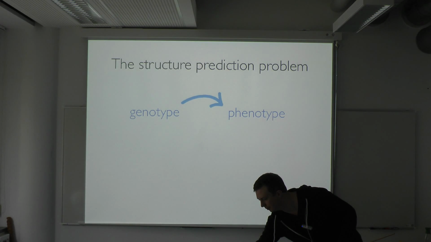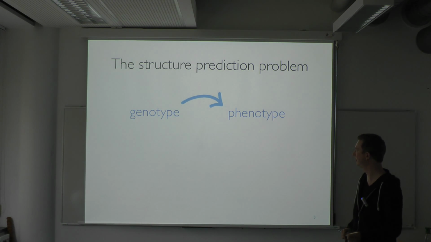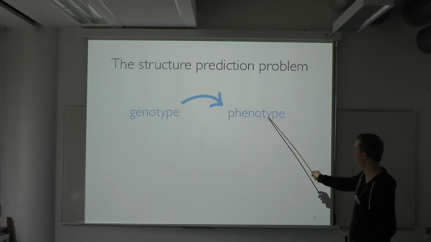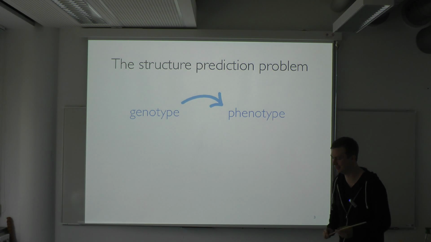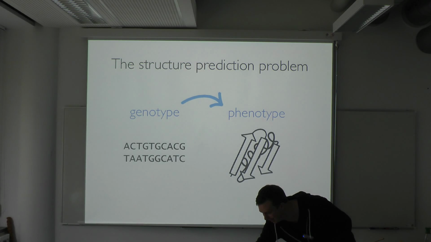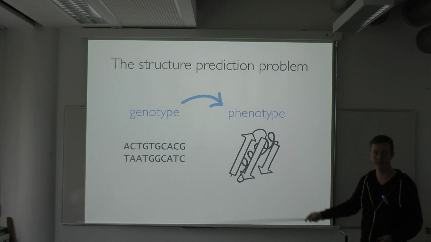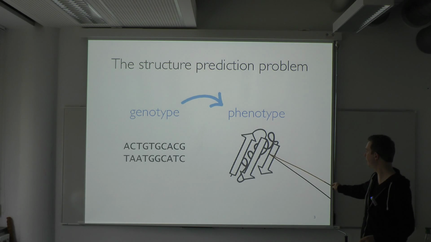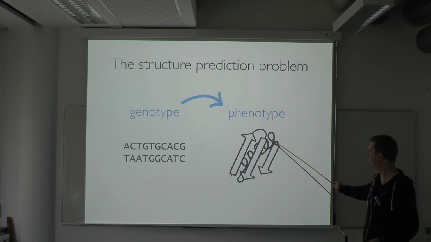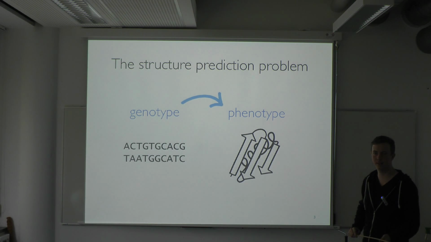So the very basic problem is to go from genotype to phenotype, which is basically all of biology, so it's terribly general. In this case, it's going from the DNA sequence of the protein that directly gives the amino acid sequence of the protein, going from that amino acid sequence to the 3-dimensional structure of the protein. And why is that an important problem that people want to solve?